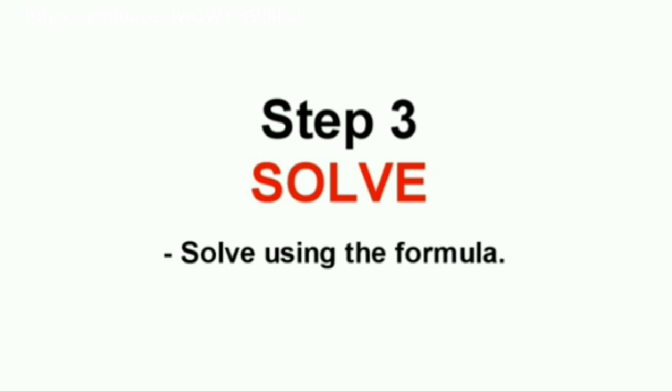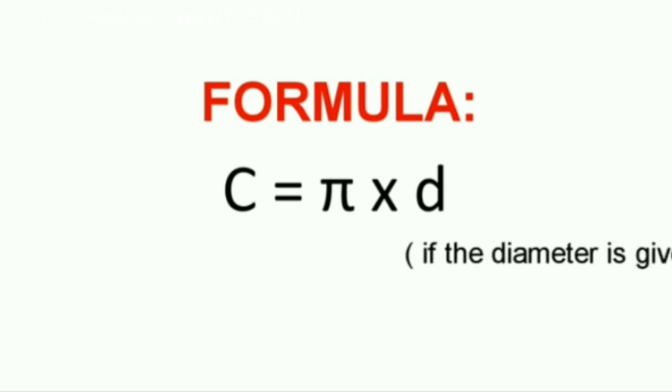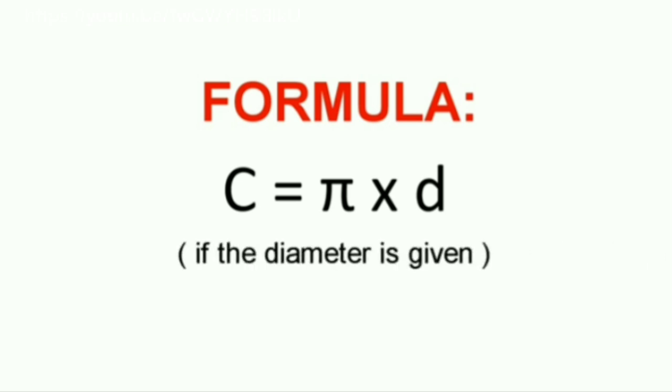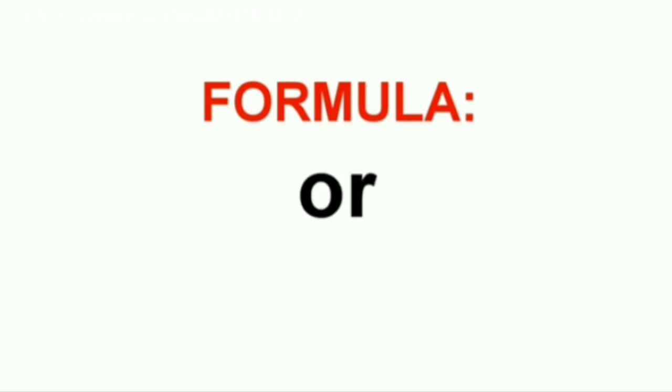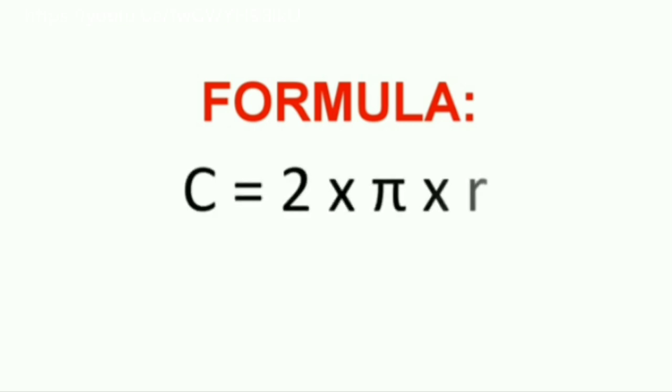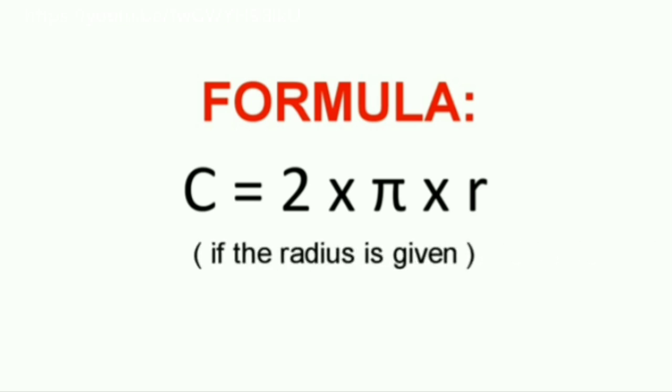The formula in finding the circumference of a circle is circumference equals pi times the diameter if the diameter is given, or circumference equals 2 times pi times the radius if the radius is given.